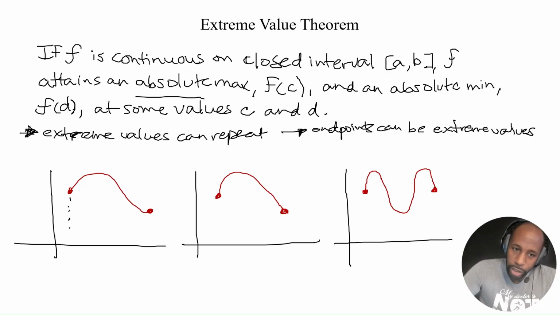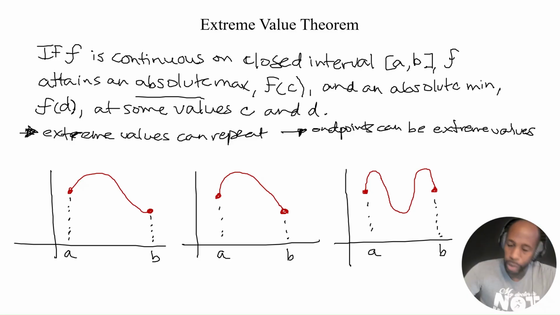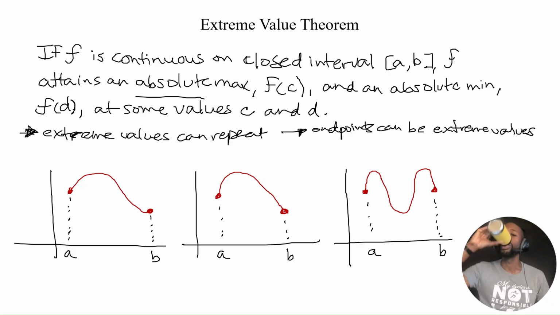Now let's label. So here our interval goes from a to b, a to b here, and then a to b here. All right, good.